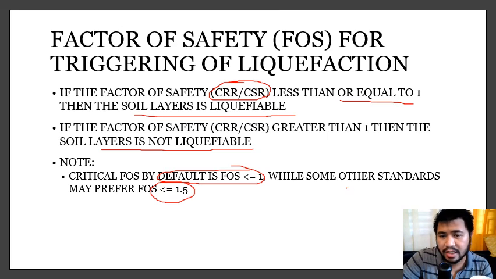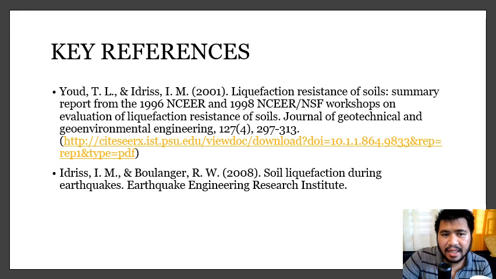So just consult the standard that you're using. That is basically a liquefaction analysis. All these steps that we discussed before, you have to do for every soil layer that you have. Normally, liquefaction analysis is done using software or spreadsheets, as we will do in the next activities.